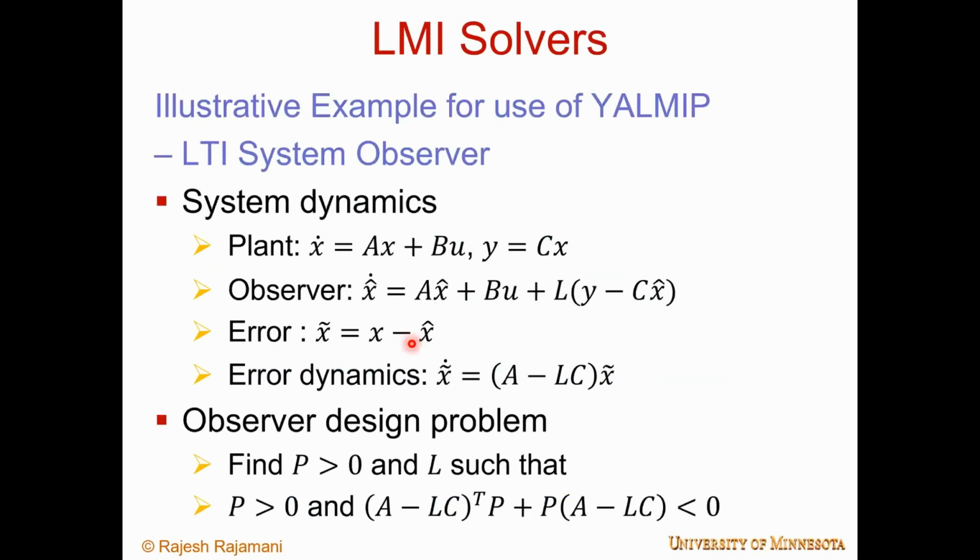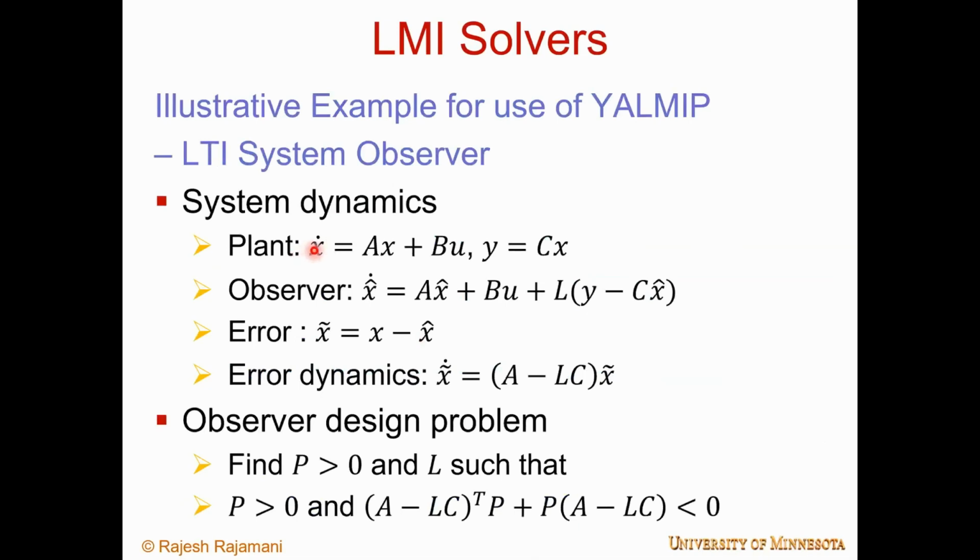Okay, so we'll use this illustrative example. This is just a linear time invariant system observer. Again, we'll use this simple example to look at some code for solving LMIs.